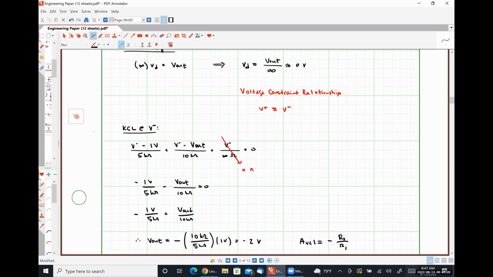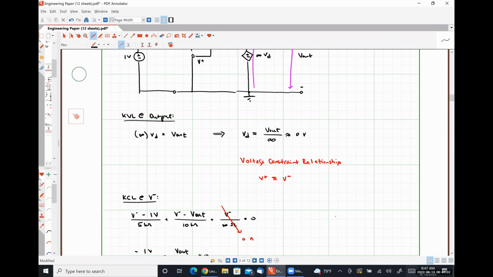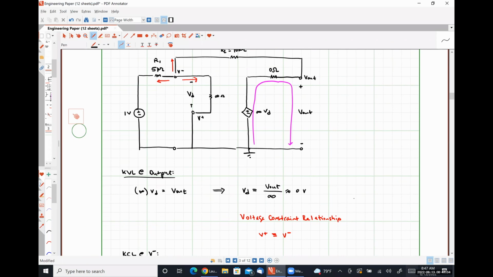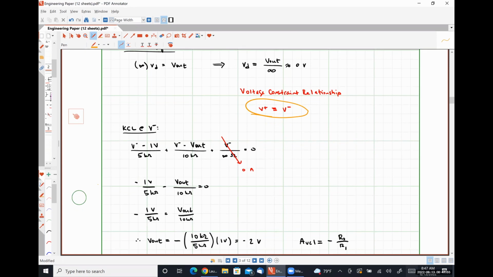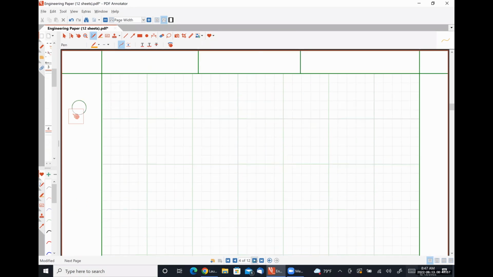From our voltage constraint relationship, V plus is equal to V minus. We can observe that V plus is grounded, so V minus is also 0.